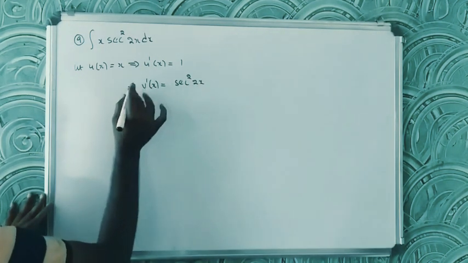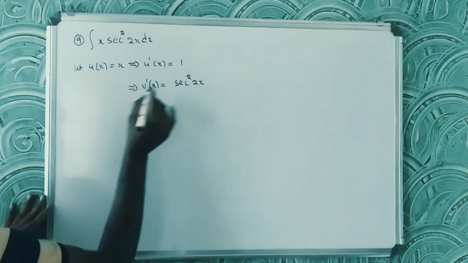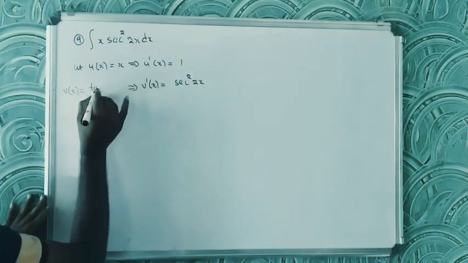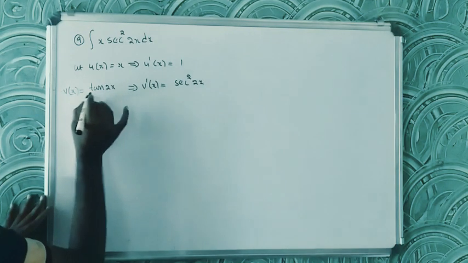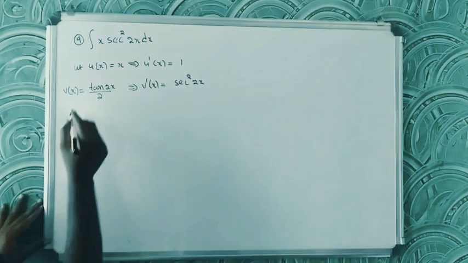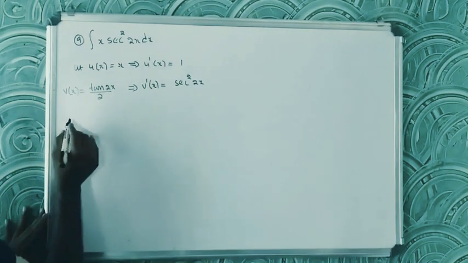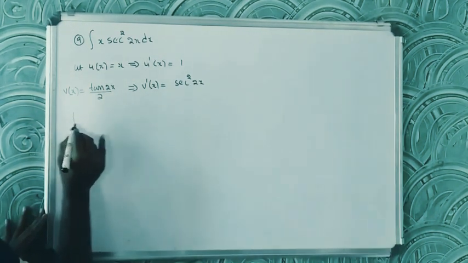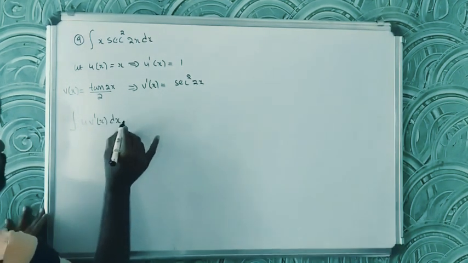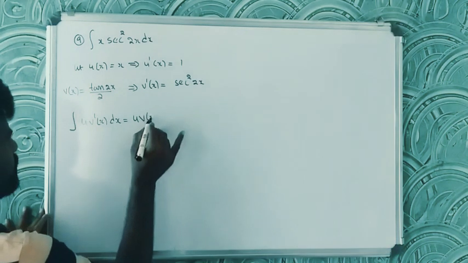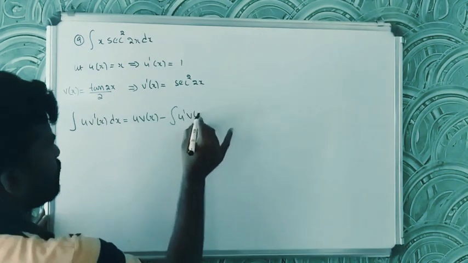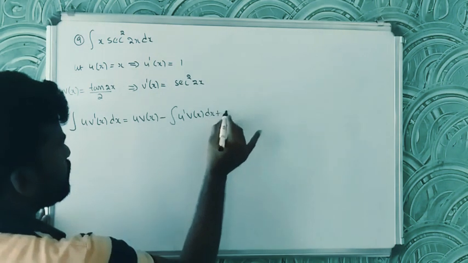This implies integration of secant square 2x is tan 2x by 2. So the formula is integration of u v dash of x dx is equal to u v of x minus integration of u dash into v of x dx plus c.